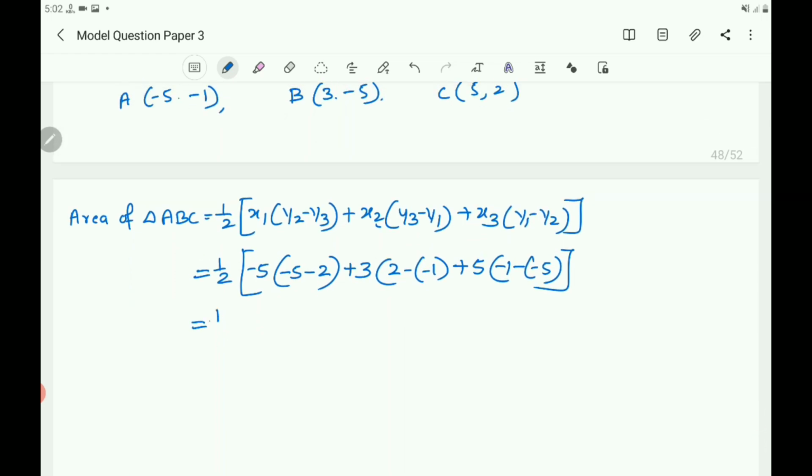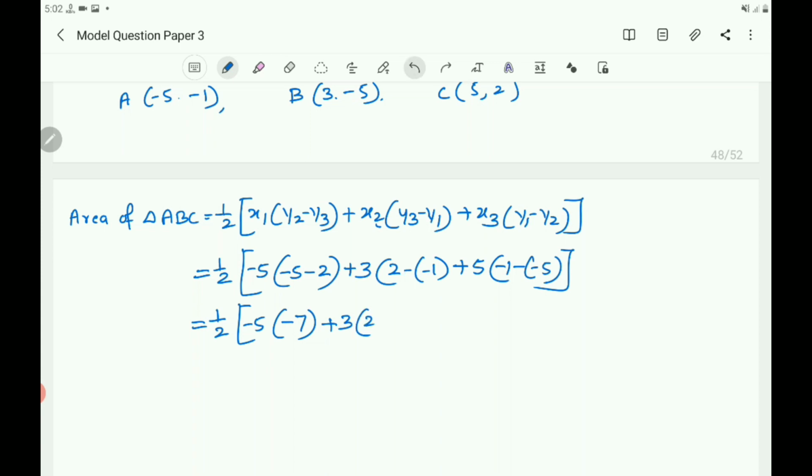Then you write 1 by 2. You write minus 5 as it is, and here these two are having the same sign. Add them and put the same sign: minus 7. The sum of these two is minus 7, plus 3 into 2 you write.